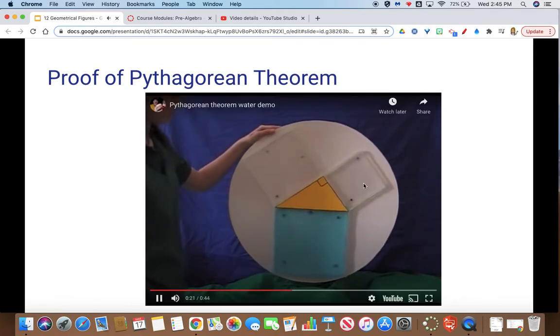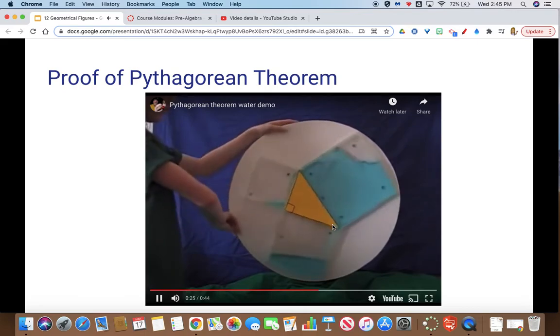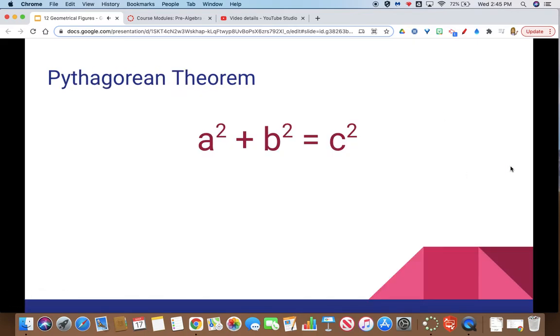So the legs squared completely fill the hypotenuse squared with nothing left over, which is why our theorem is a squared plus b squared equals c squared. Write this down now. The a and the b are going to be our legs, the two sides that make the 90-degree angle, and the c is going to be our hypotenuse.